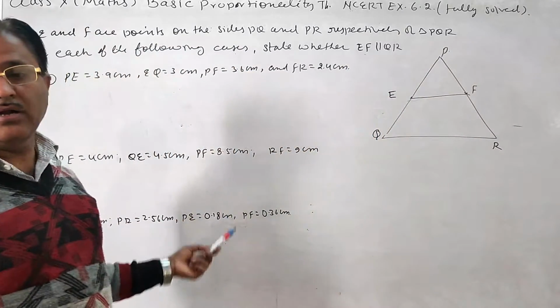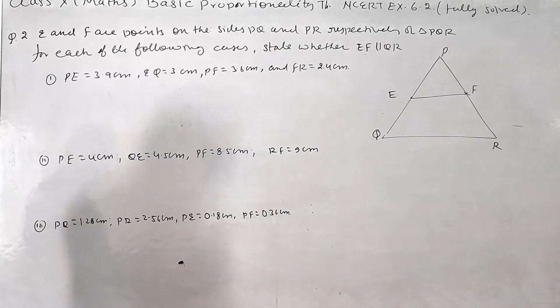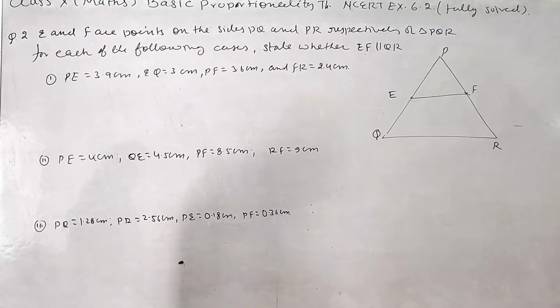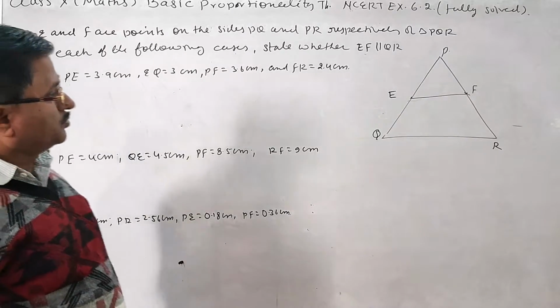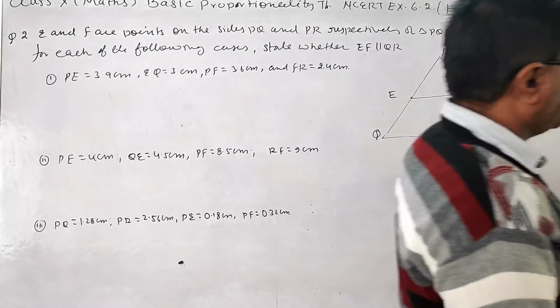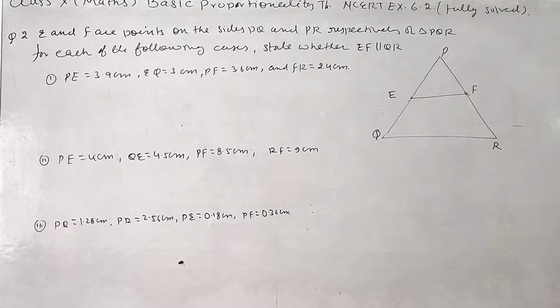Now there are three parts. In different cases, we are given the lengths. To prove this line EF parallel to QR, we have to check the ratio, right?